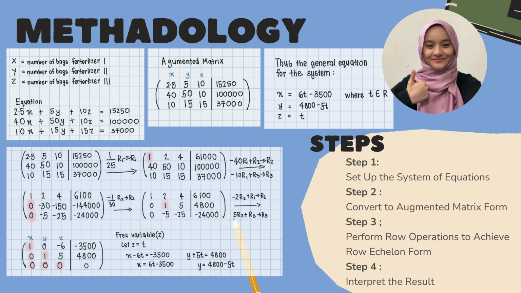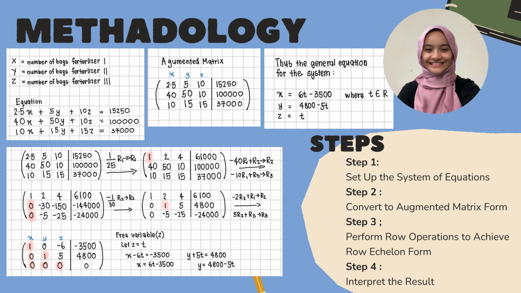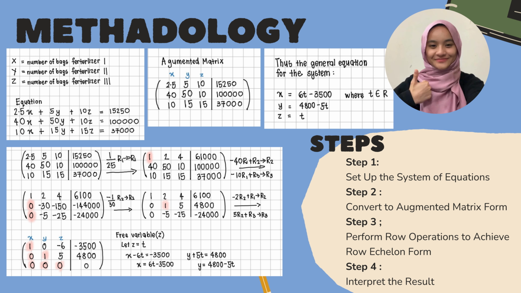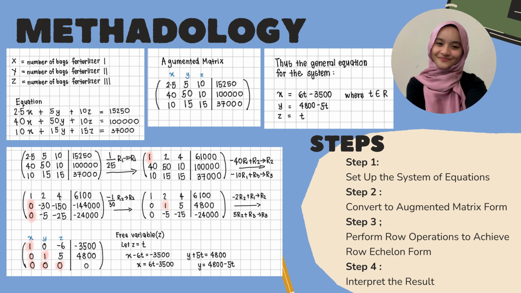To determine the number of bags of each type of fertilizer needed to meet the mineral requirement of a farmland, we first set out a system of linear equations based on the given data. Let x represent the number of bags of fertilizer 1, y represent the number of bags of fertilizer 2, and z represent the number of bags of fertilizer 3.